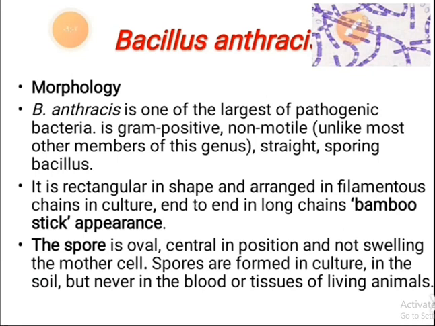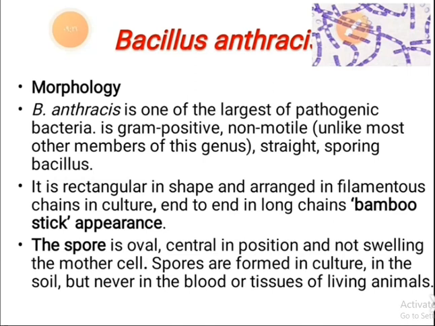The rectangular shape and arrangement in end-to-end long chains give the microorganism a bamboo stick appearance. The spore in Bacillus anthracis is oval and central in position, while in the non-pathogenic species it's not central.